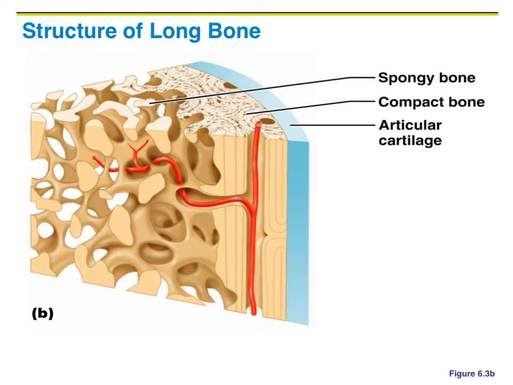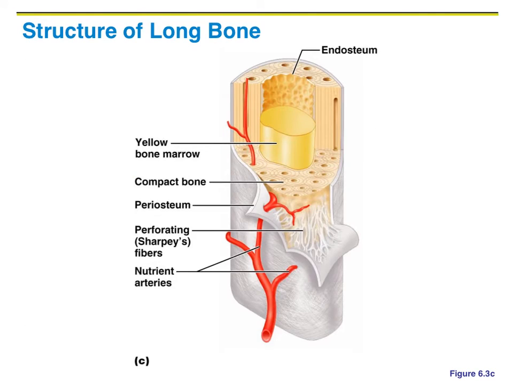In this slide, you can see the difference between compact bone, composed of osteons, a very dense type of bone, versus spongy bone, composed of trabeculae. The periosteum is secured to compact bone through Sharpey's fibers or perforating fibers.